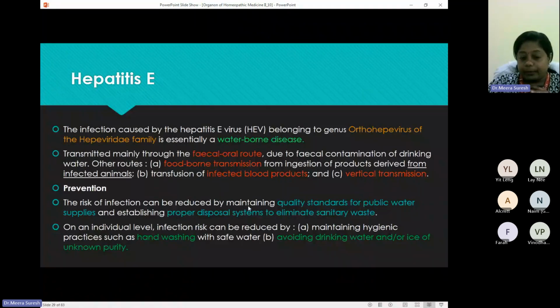The risk of infection can be reduced by maintaining quality standards of public water because it is mainly a waterborne disease. And because it is the fecal-oral route, take care that we have a proper disposal system to eliminate the waste. And ideally maintain hygiene, hand washing, especially before cooking, after coming from the toilet, before eating, etc. Avoid drinking water and ice of unknown purity.